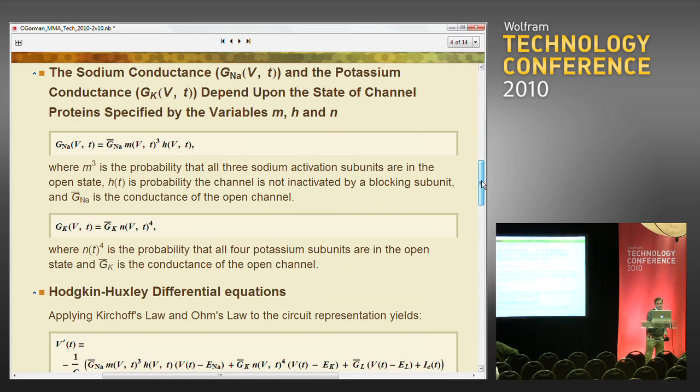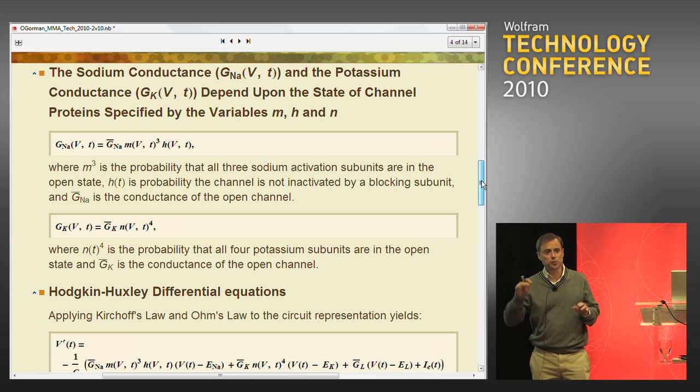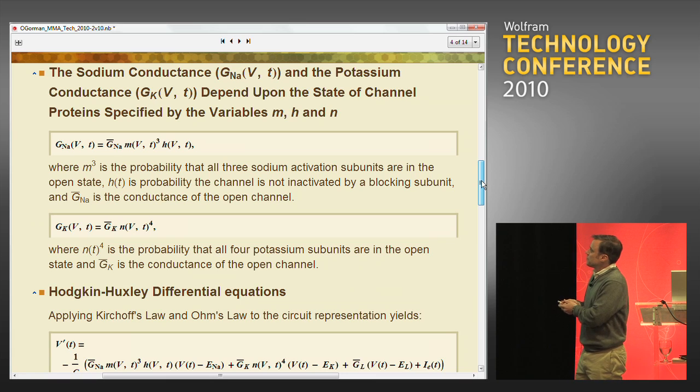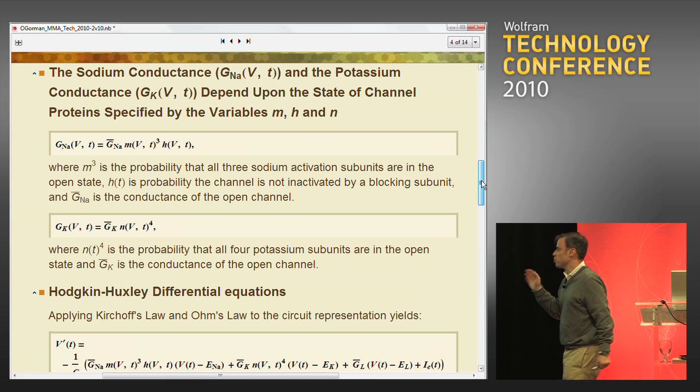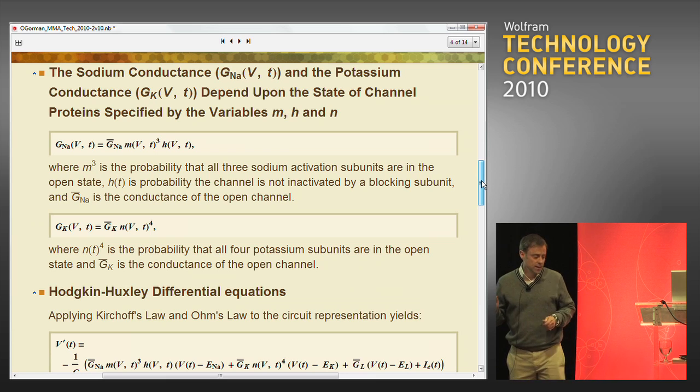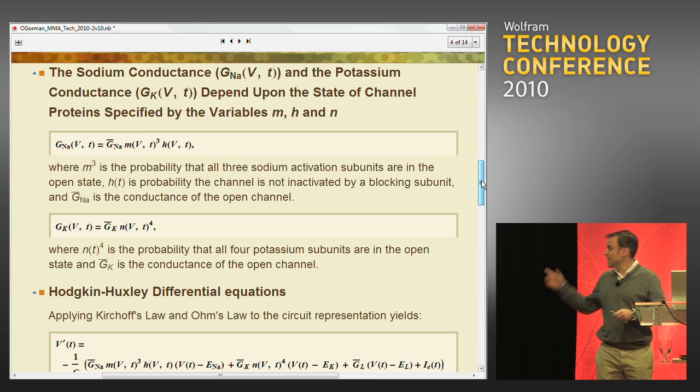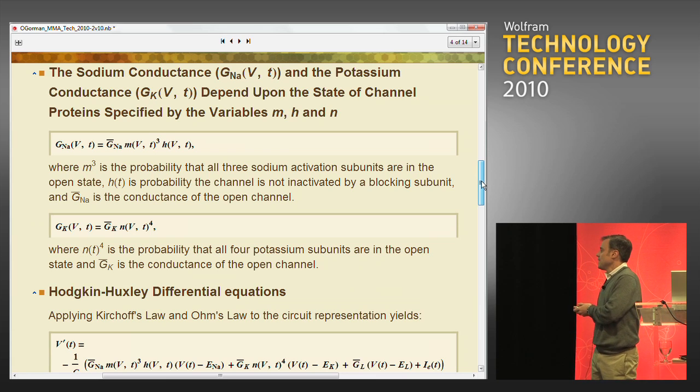I'm going through this very fast, but I just want to give you a sense of this mathematical description. So there are these quantities M and H that are related to the open probabilities of protein subunits. That determines the conductance to the sodium ions, and there's another quantity N that determines the probability that the potassium channels are open.